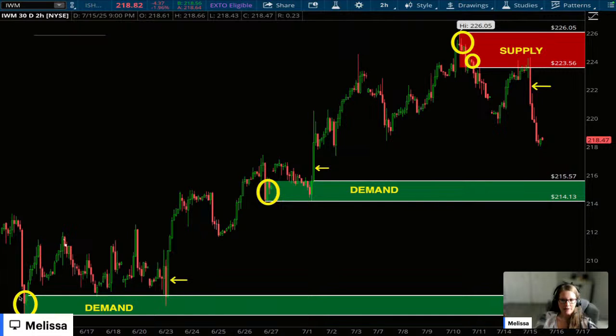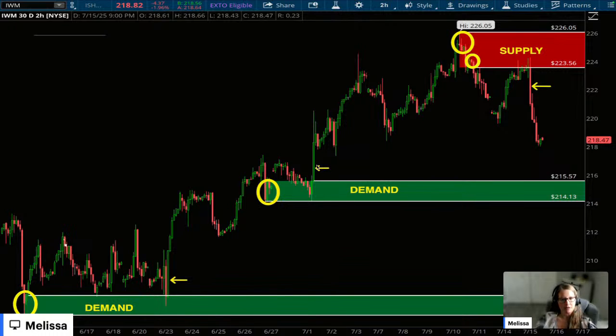When I look down and to the left, looking for an inside candle followed by a candle that moves up, this has created a demand zone here. In this zone is where I am expecting buy orders to be waiting to be filled. So on a pullback to this zone, I would look to buy the dip.